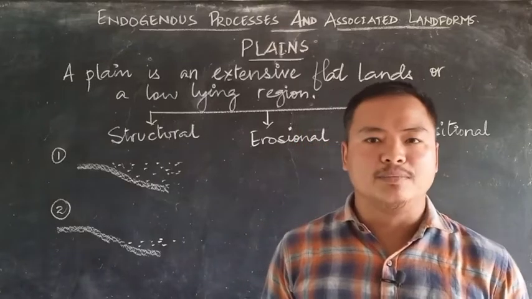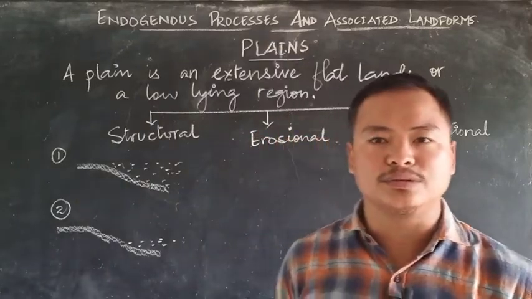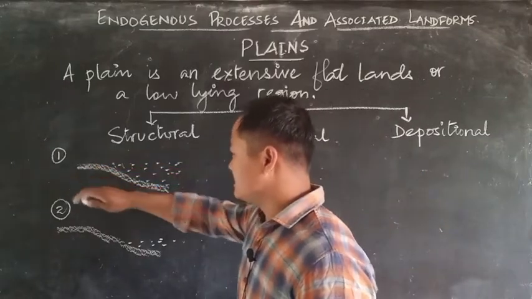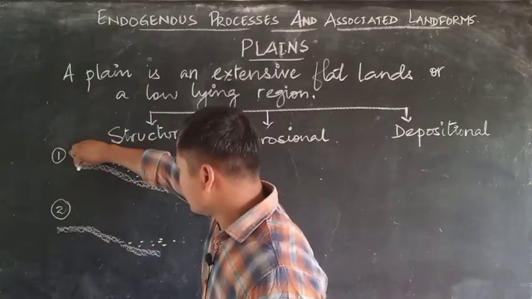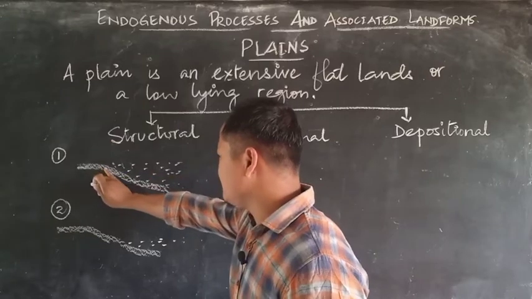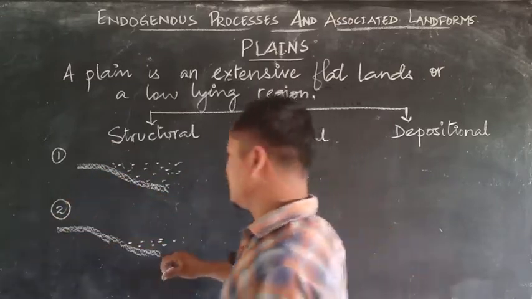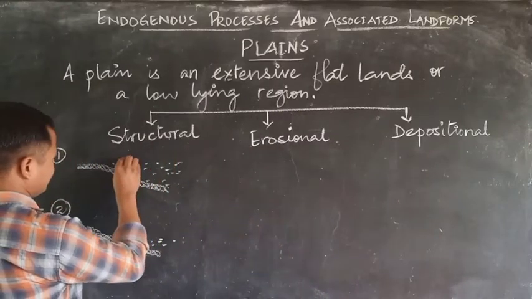In this two-part diagram, let us understand the formation of a structural plain. In the first diagram, the land that slopes gently towards the water bodies is known as the continental shelf.